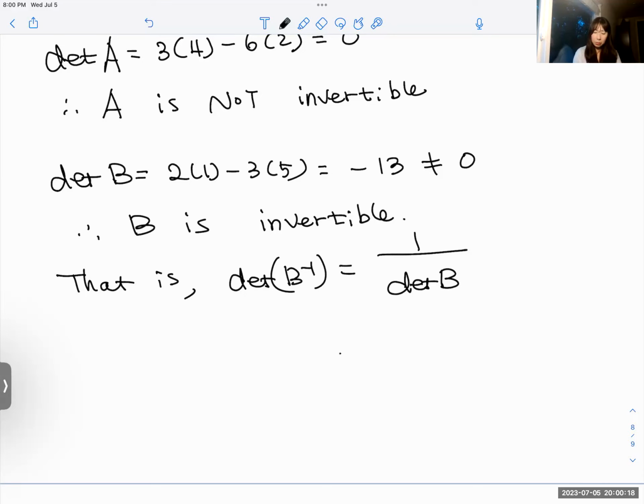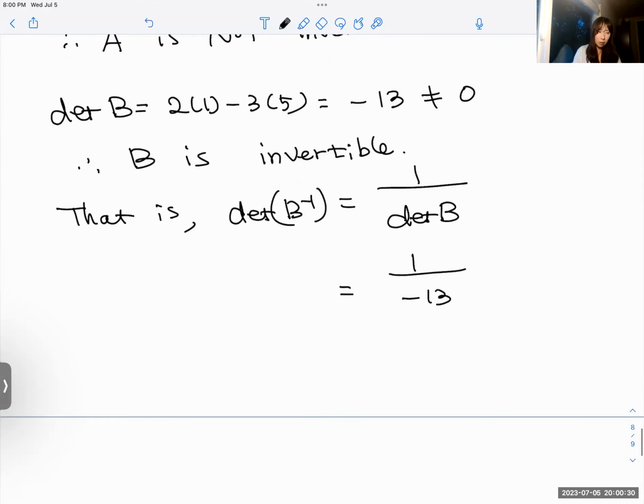Okay, so that is 1 over determinant of B, which is negative 13. Yeah, so that is negative 1 over 13.